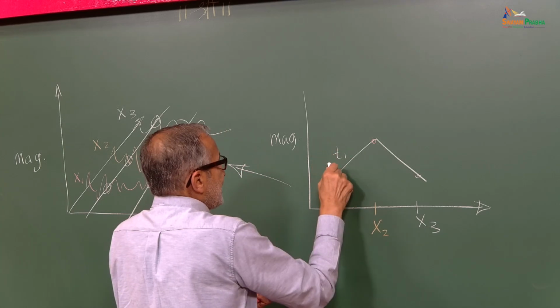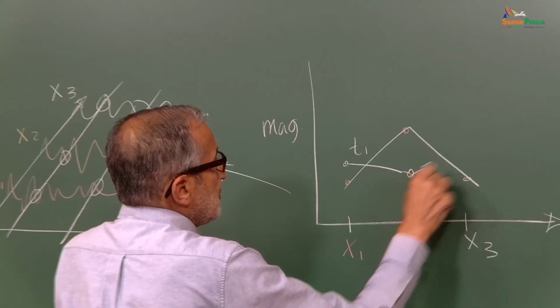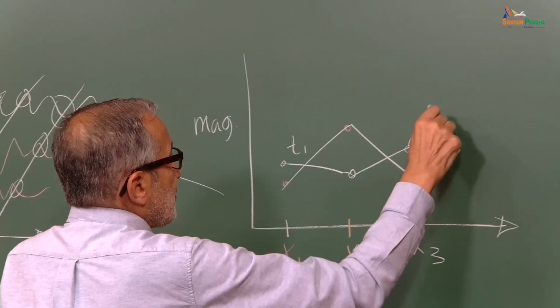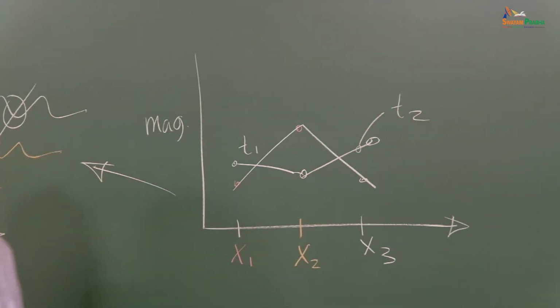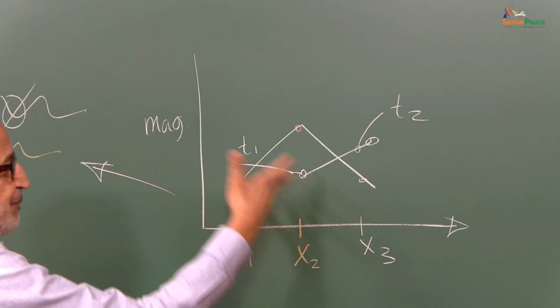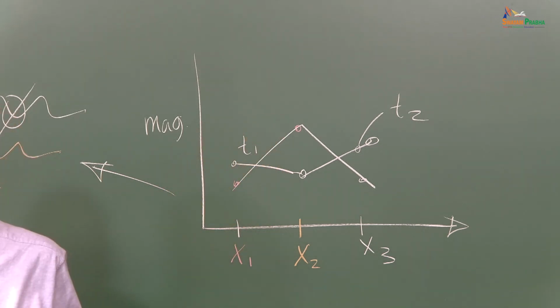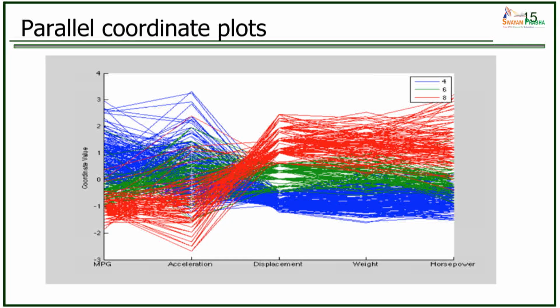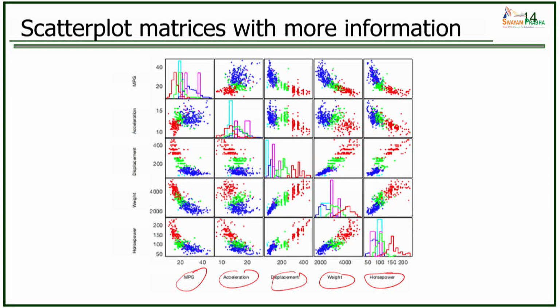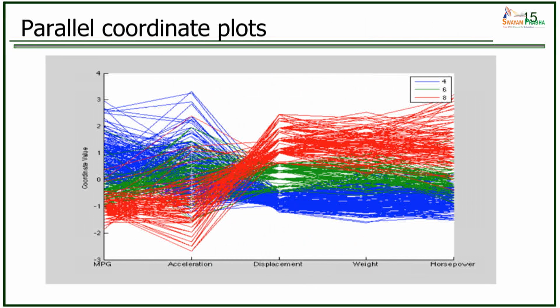At another point in time, we might have, this corresponds to T2, and so on. So the parallel coordinate plot is simply a plot of all of this data in a different domain, okay? And so this plot that I showed earlier, all the data that was shown here, the corresponding parallel coordinate plot is as shown here.